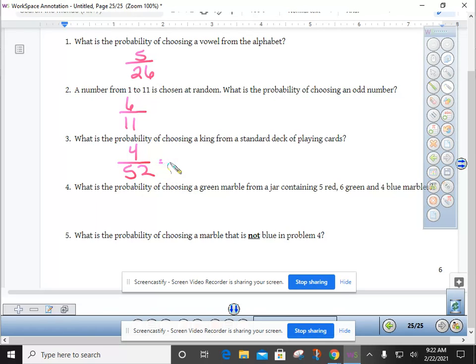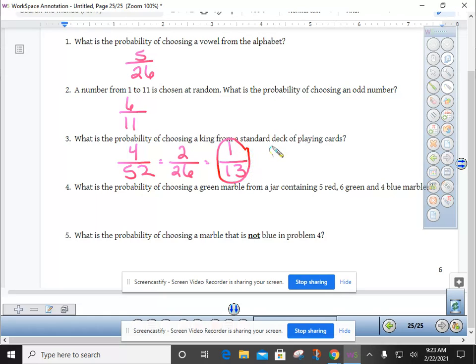No. Divide by 2. 2 over 26. Is that lowest form? No, you can divide by 2 again. Which is 1 over 13. Good.